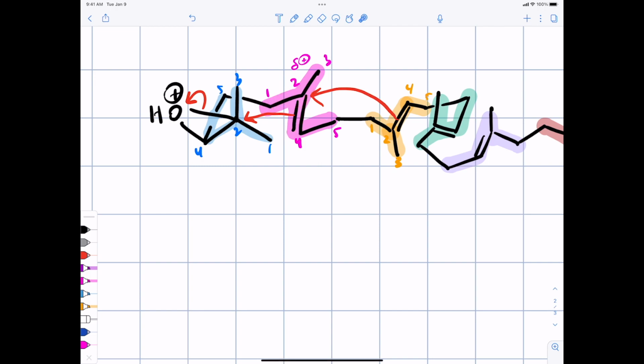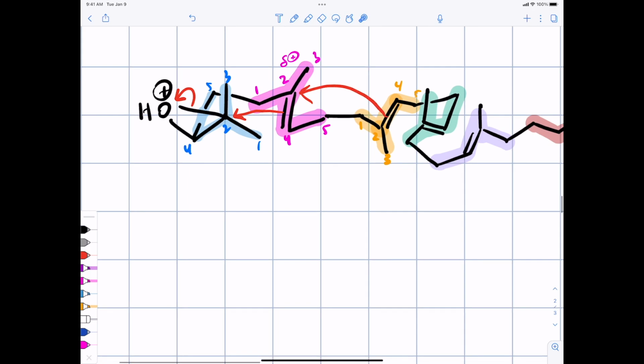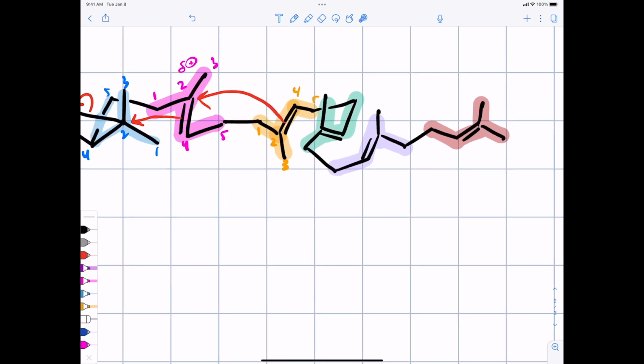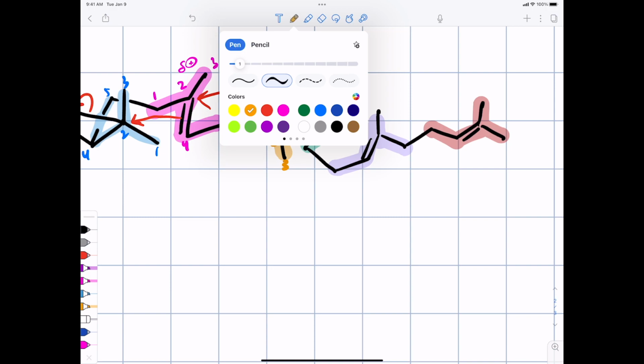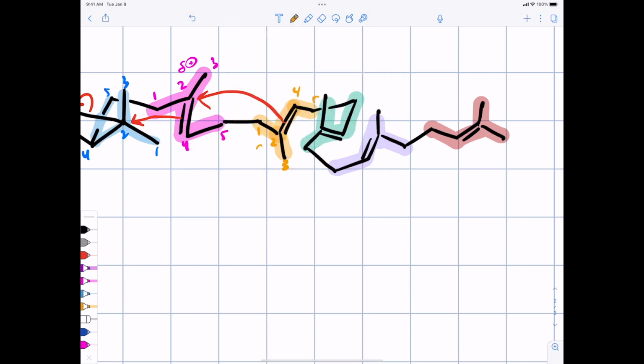If we make a bond between orange 4 and pink 2, that's a 1, 2, 3, 4, 5, 6-membered ring. Okay. That's going to cause a buildup of partial positive charge on more substituted carbon 2, where it's more stable.